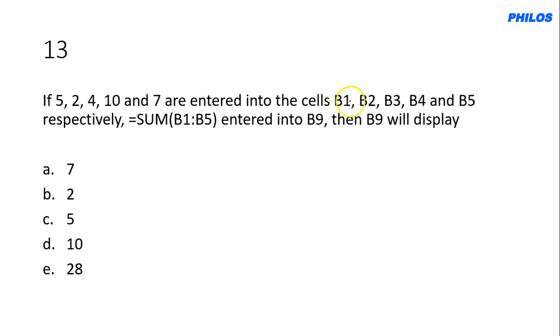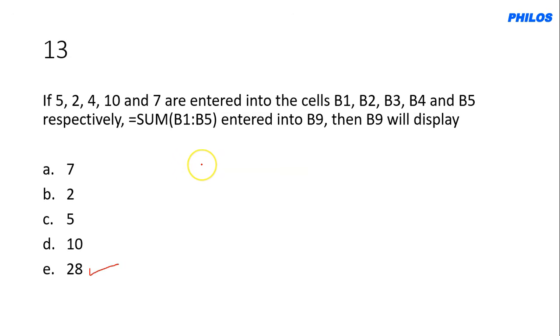It means B1 plus B2 plus B3 plus B4 plus B5. So 5 plus 2 will give you 7, isn't it? Plus 4, 11, isn't it? Plus 10, 21, isn't it? Plus 7, 28. So the correct answer for question 13 is E, 28.